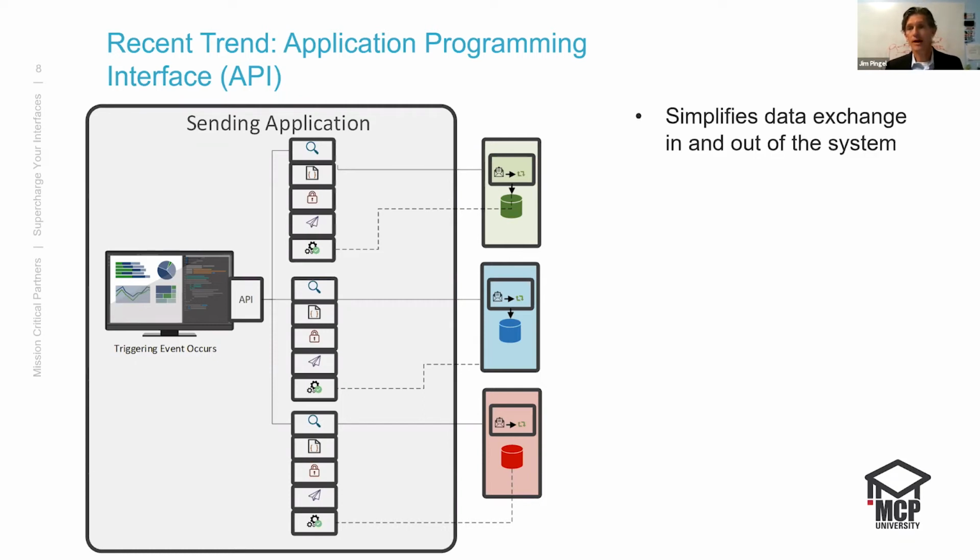So basically what an API does is it's a way that your vendor can publish the rules of engagement, how information is going to be made available from that system outbound, as well as how to provide information back to your system inbound when your system is the receiving system in an exchange or in an interface.